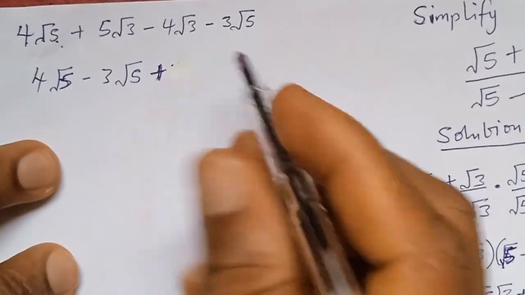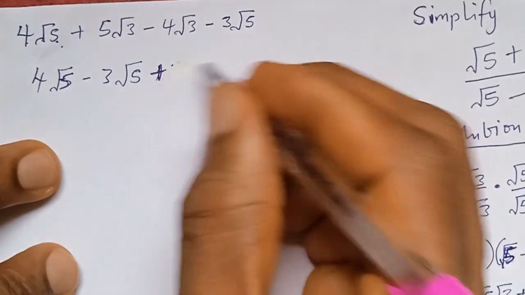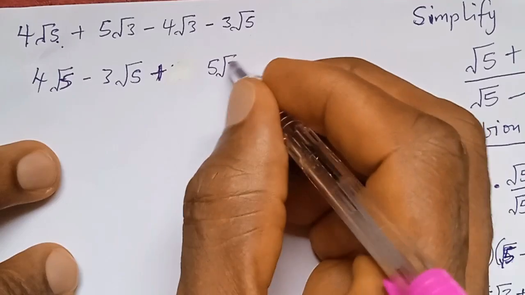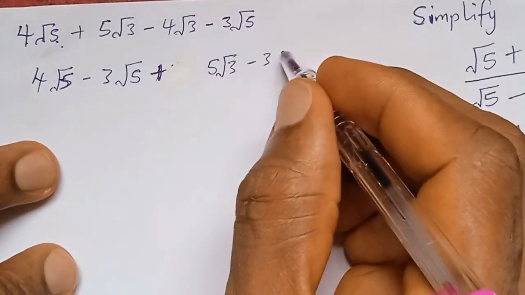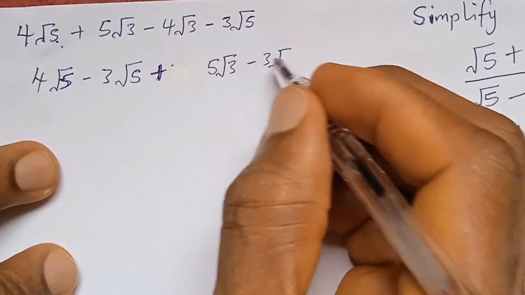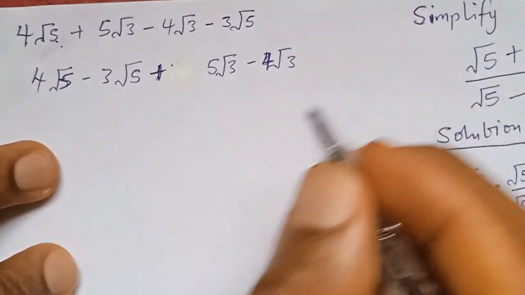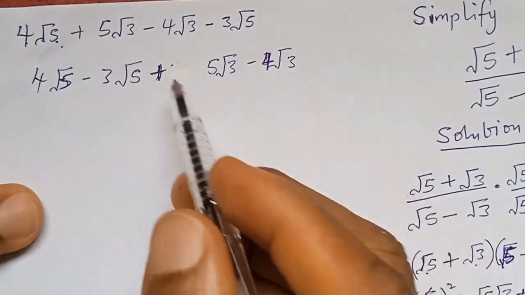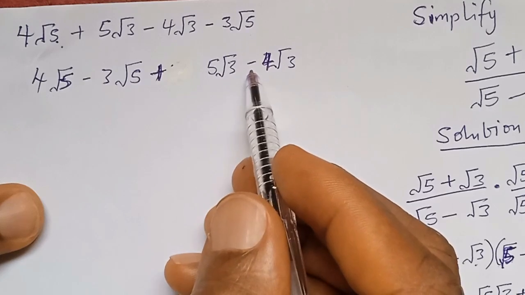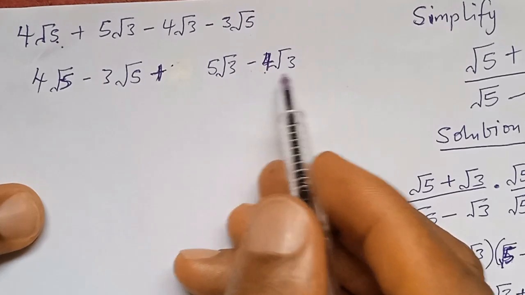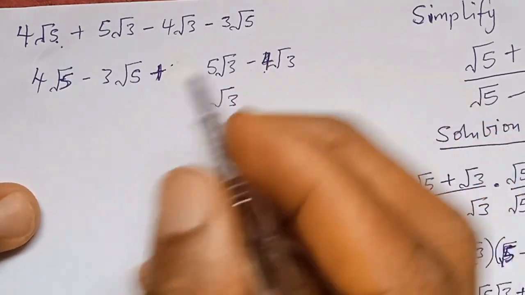So plus 5 square root of 3 minus 4 square root of 3 gives us square root of 3.